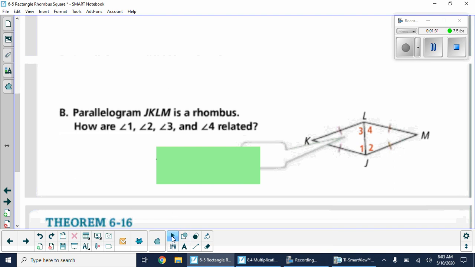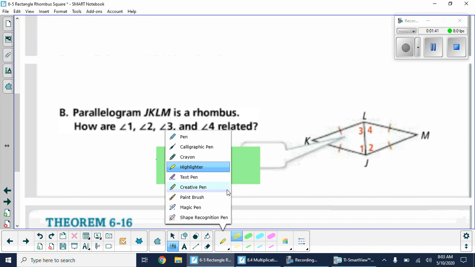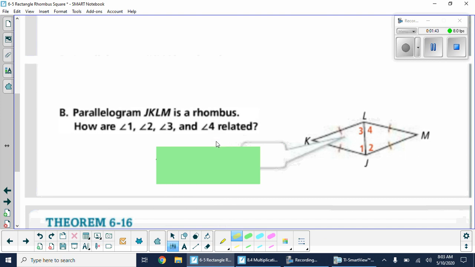It says, all right, now we have another rhombus. What do we know about these angles? Angle 1, angle 2, angle 3, and angle 4. Well, one thing is the fact that the angles that are across from each other in a rhombus are always equal. So when we see that there's a diagonal cutting them in half, then that means those angles are also going to be equal.